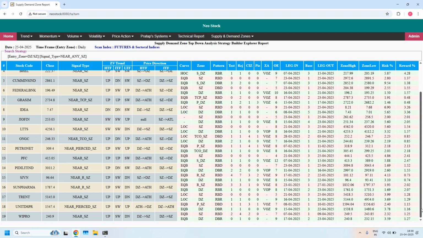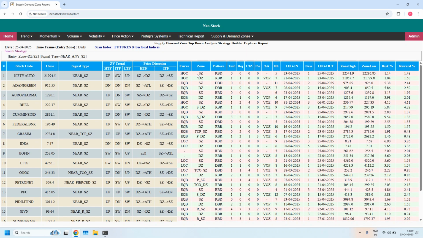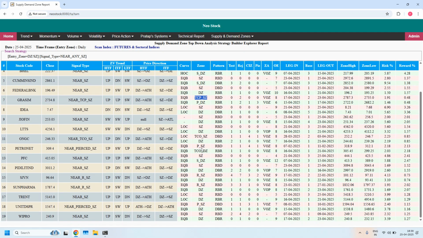Total 19 stocks are filtered. Let us identify high liquidity daily supply zones from this list. Grasim. Grasim is having a daily high liquidity supply zone.